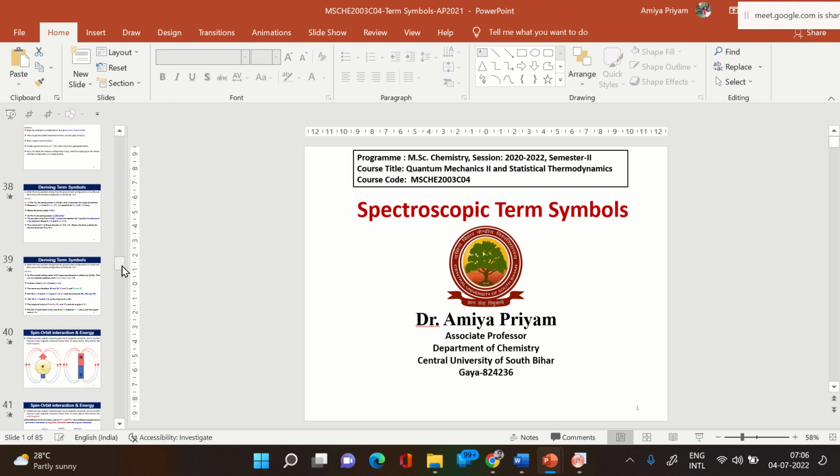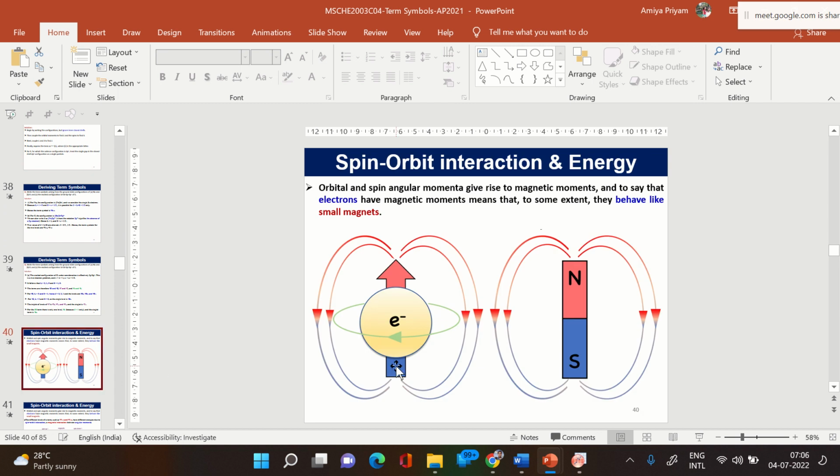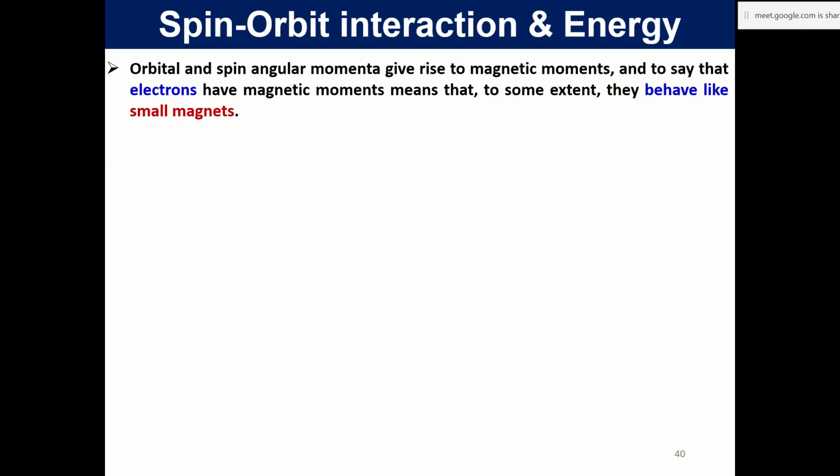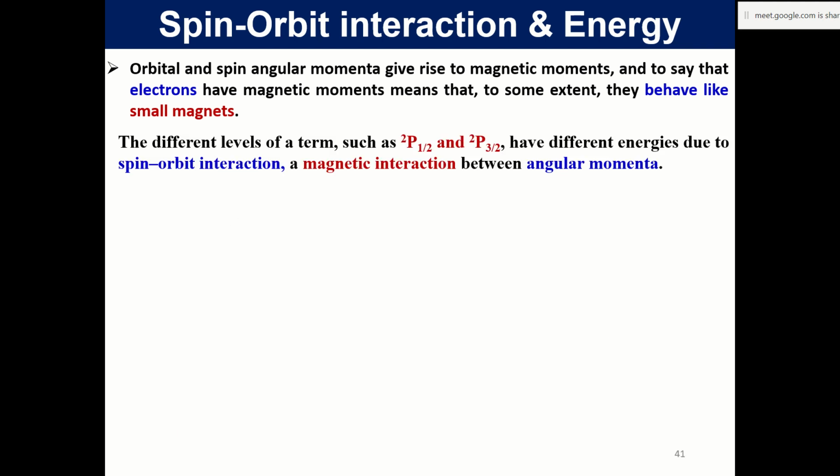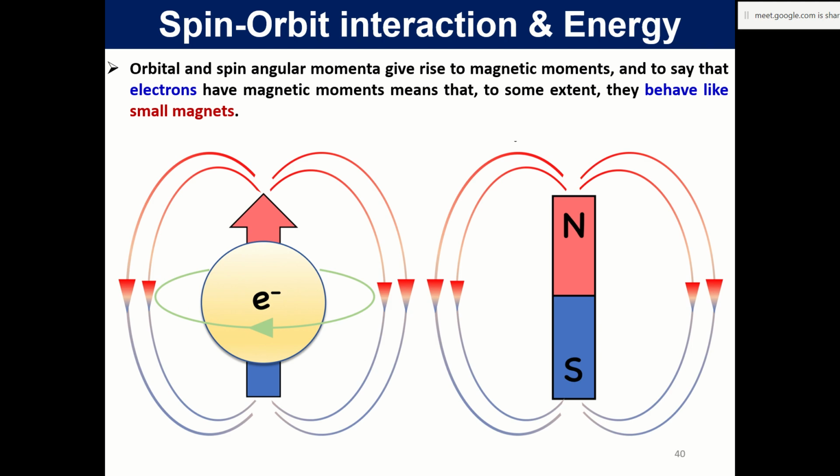Don't forget this. This is a very important picture when we talk about magnetism, when we talk about electron behavior, electrons behaving as small magnets.